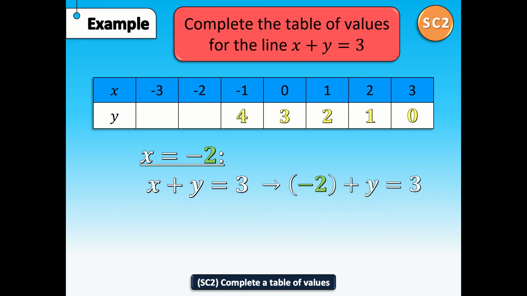When x equals minus 2, minus 2 plus y equals 3, so y must be 5. And finally, minus 3 plus y equals 3, so y must be 6. And now we've completed the table of values.